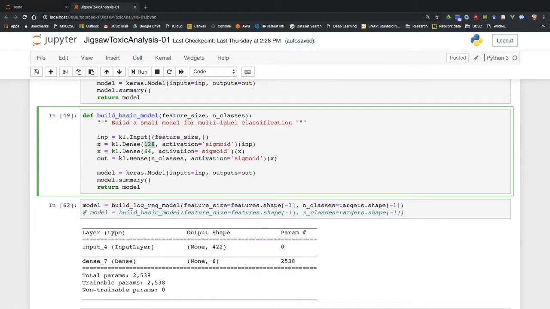These could have been like variables. I just built a small model. So this model is taking in an input, right? And then passing it through one layer, a dense layer, which is the WX plus B kind of layer. But the number of outputs of that layer is 128. So we are learning this large layer in the middle. We started, not really large, when we started with 422.